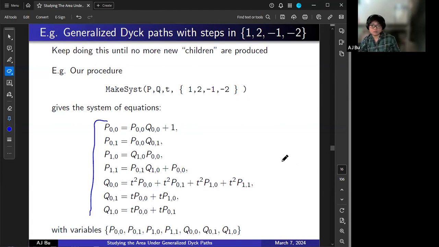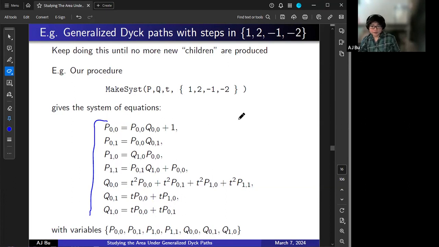And then once we have this system of equations, we can use Gröbner bases to solve, or to get the polynomial, or the f of t, x, I think is what I called it, that's satisfied by our P sub 0, 0, which is our enumerator for the family of generalized Dyck paths.